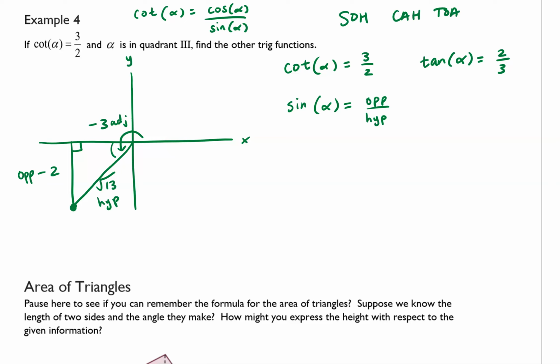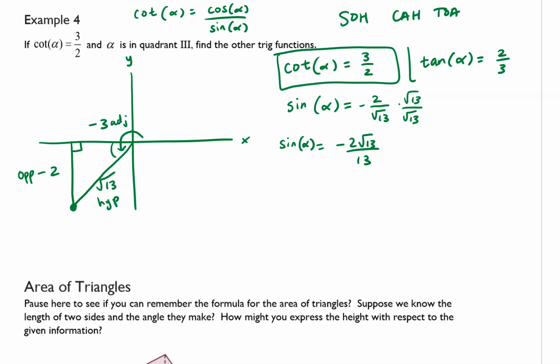So sine of alpha is equal to opposite over the hypotenuse. So that's going to be -2 over the square root of 13. And we want to rationalize that. So I'll multiply that by the square root of 13 over the square root of 13. So that's going to end up equaling -2 root 13 over 13. So let me just box these so I make sure that I get all of them.